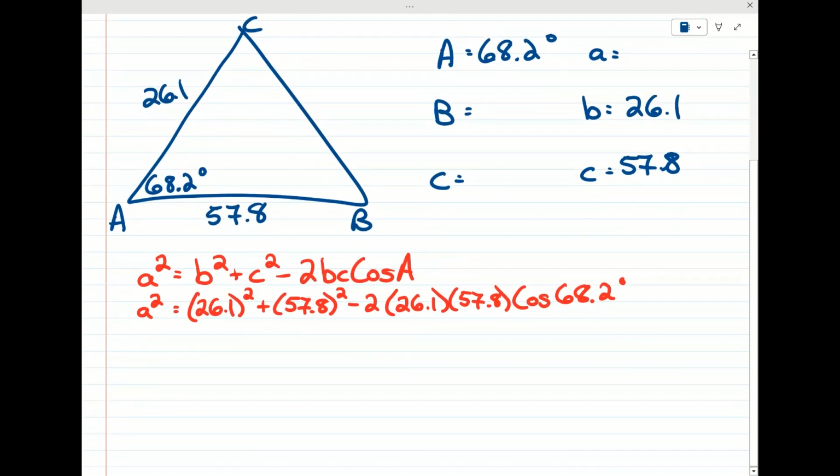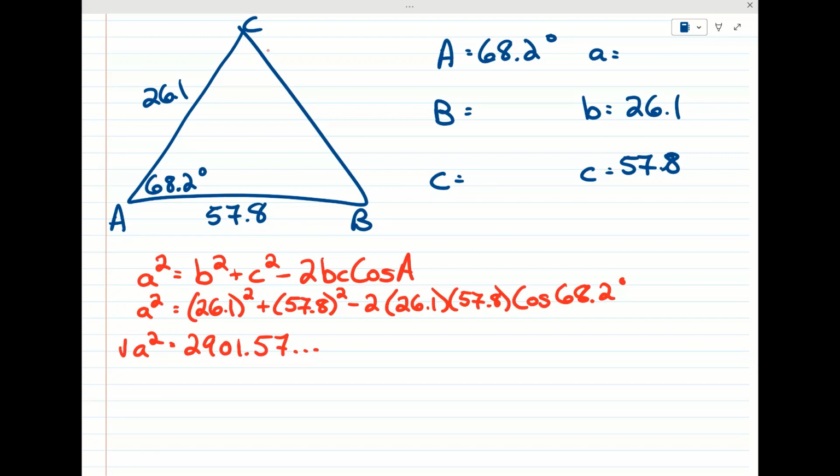Let's make sure our calculator is in degree mode, and we're going to type it in exactly like this. We could just put the whole thing in all at once. So 26.1 squared plus 57.8 squared minus 2 times 26.1 times 57.8 times the cosine of 68.2. My calculator is telling me this is 2901.57. But remember, we don't round until the very last step.